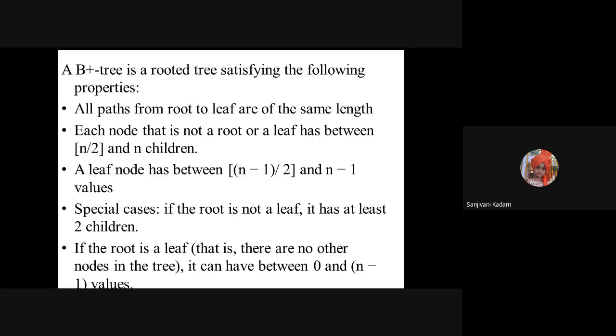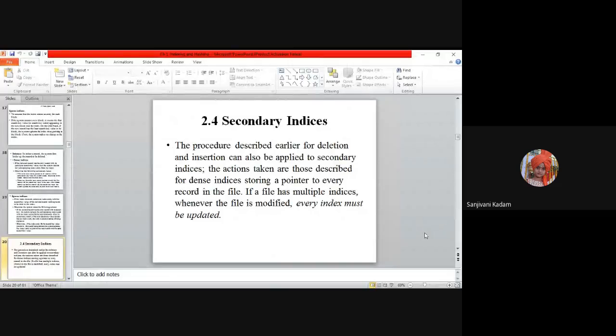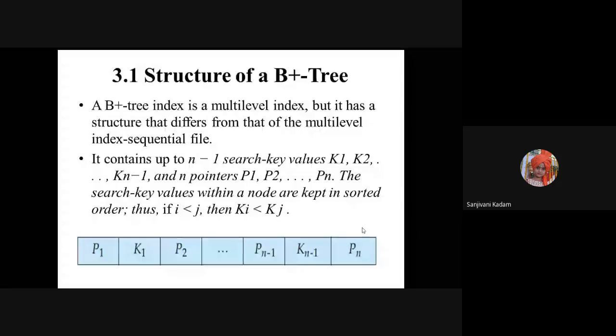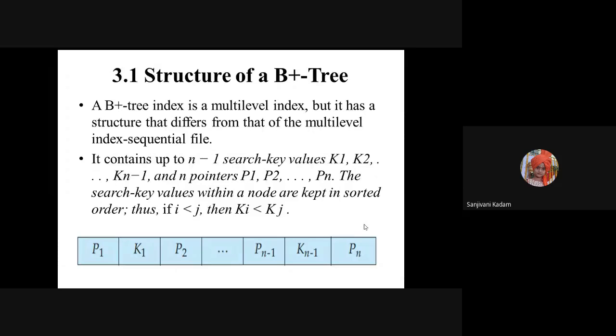Let me show you the node structure. This is the B+ tree node structure. If the order of the given tree is n, then there will be n pointers and n minus 1 keys.